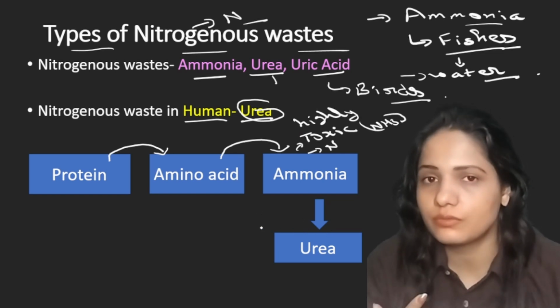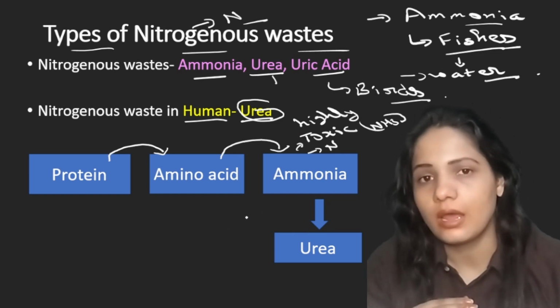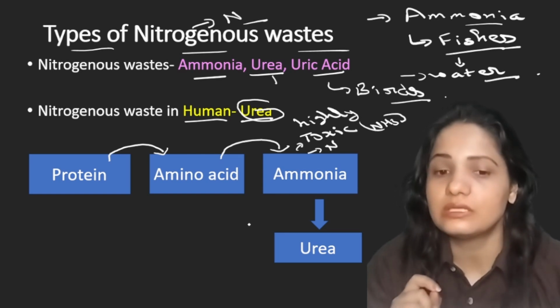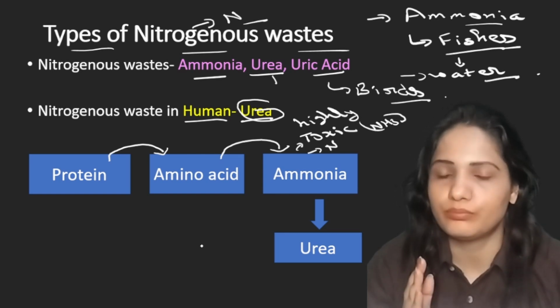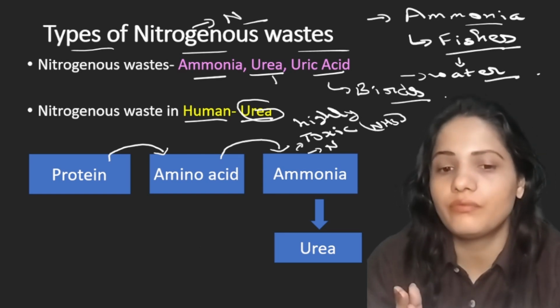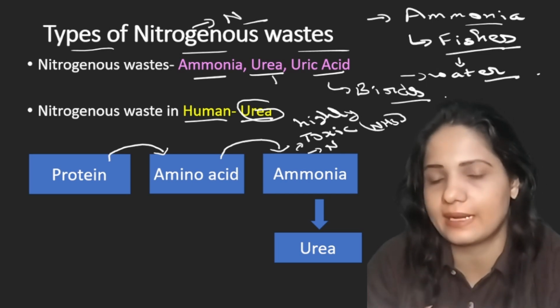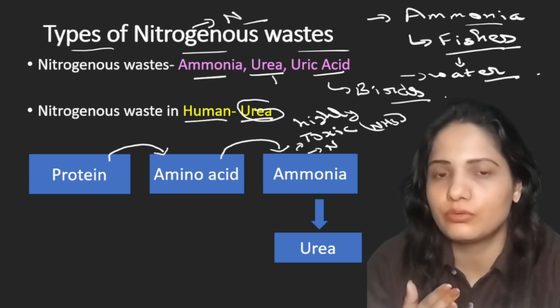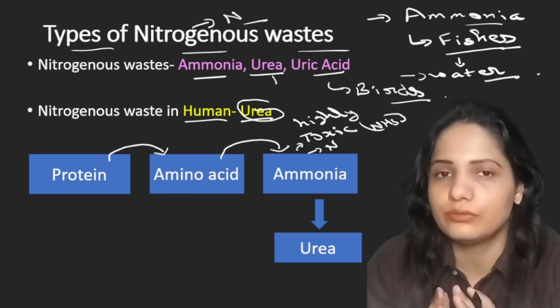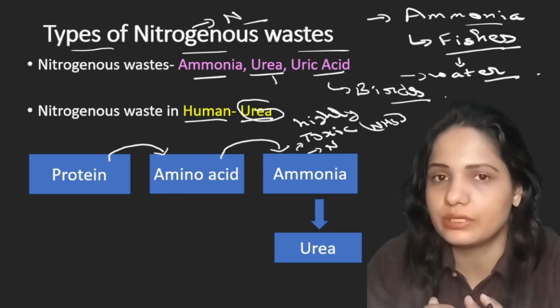Urea is also waste and ammonia is also waste. But here what we are doing is, ammonia is a highly toxic compound, and in case of removal of ammonia, our body needs more hydration, more water, more energy. So to avoid those things, what our liver does is, the liver converts this ammonia into urea.